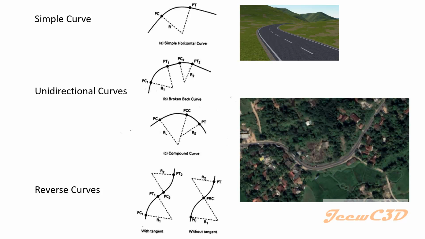Finally, we learned about the adverse crossfall, where you don't need super elevation at a curve because the friction itself counteracts the centrifugal force. Then we learned about the various types of horizontal curves: simple curves, unidirectional curves, reverse curves, and transition curves. In the next section we will be looking at super elevation, one of the hardest and most important sections in highway geometric design.